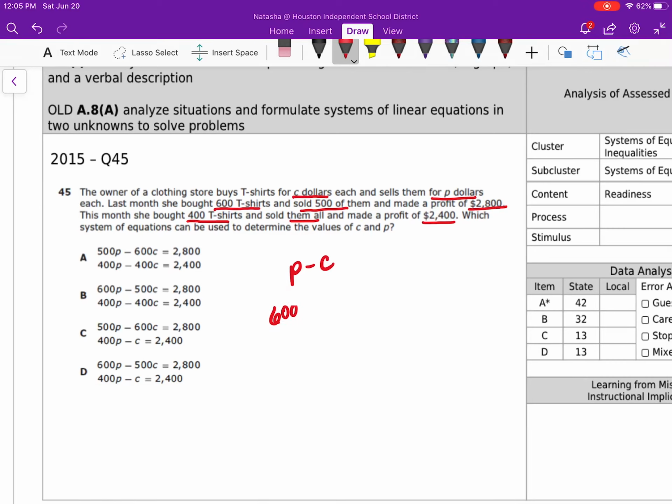Okay, so then we said 600. She bought 600 t-shirts, so that's 600 cost. And then she sold 500 of them and made a profit. So this would be 500P minus 600C, and that's equal to 2,800.